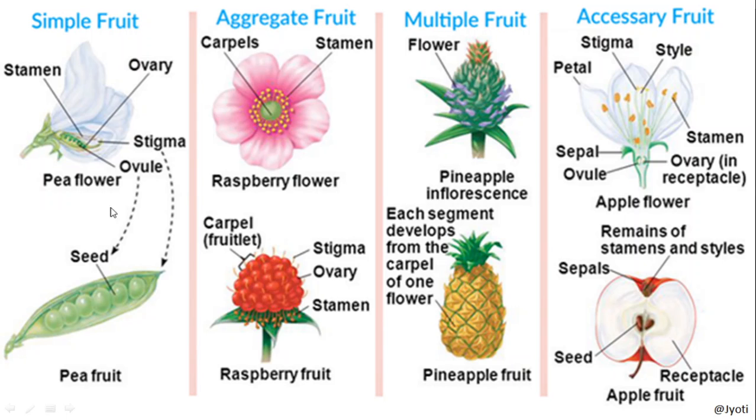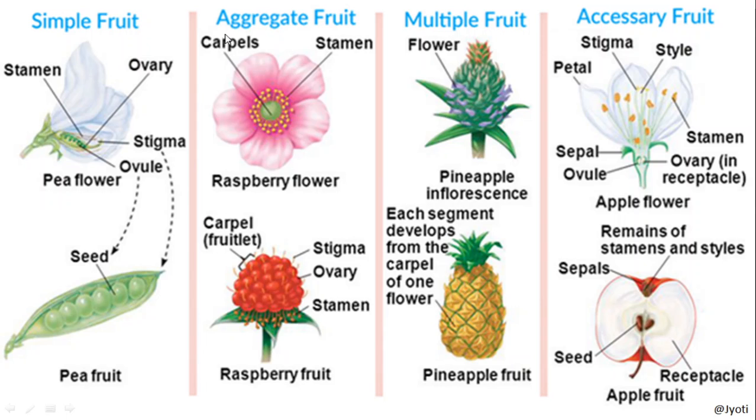The fruit developed from it shows that the fruit wall is very thin and membrane like, and the fruit wall is not edible, but the seeds are developed from the margin of the fruit. So this is a very simple type of fruit where only one carpel is present in the flower and the ovary is not divided into many locules.